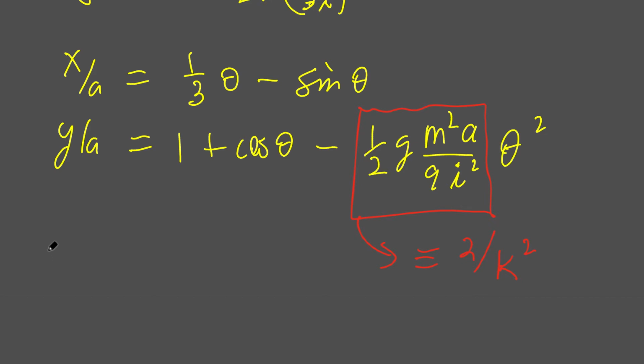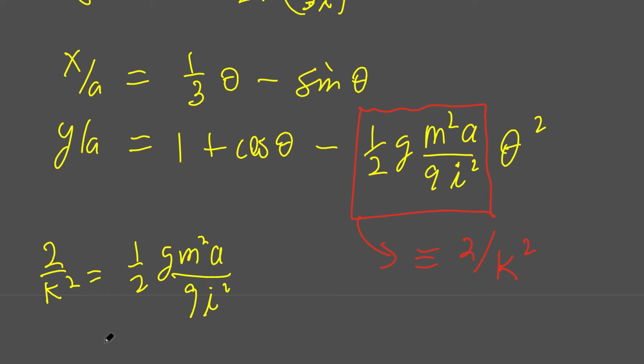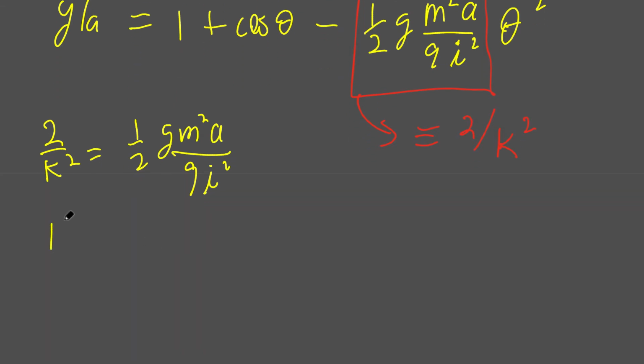Okay, so with this definition, let's work out just what k is. This would be 2 over k squared is equal to 1/2 g m squared a over 9I squared. So if we invert this, we'll divide by 2 and then invert it, we'll have 4 times 9I squared divided by g m squared a.